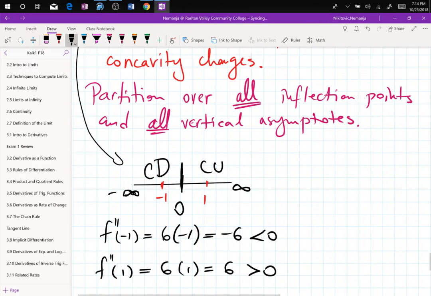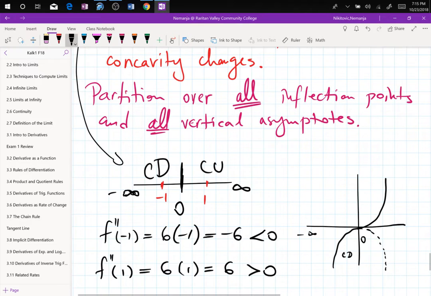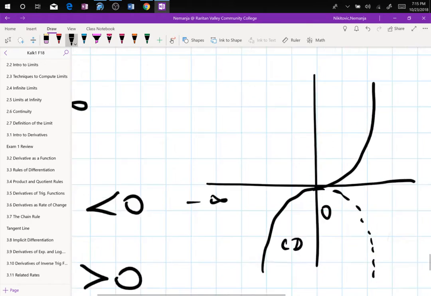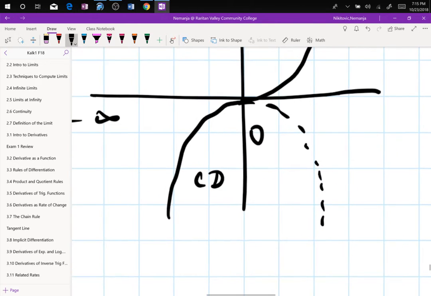Does this make sense when you look at your graph? And the answer is yes. Do you see how for the part before 0, from -infinity to 0, you have a concave down? You can complete the other side into a parabola that opens downwards, right? You can do that.